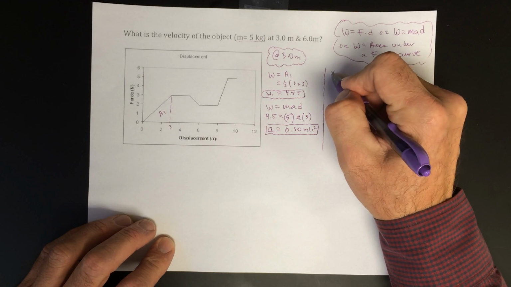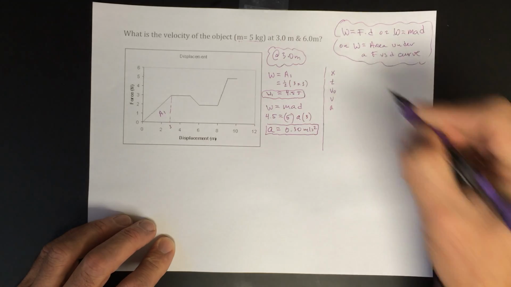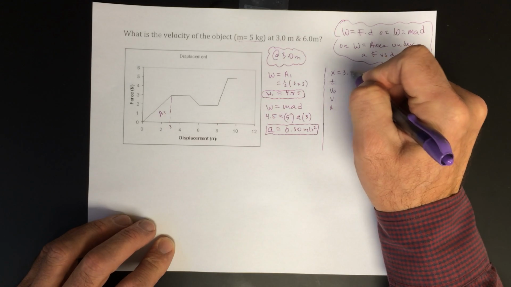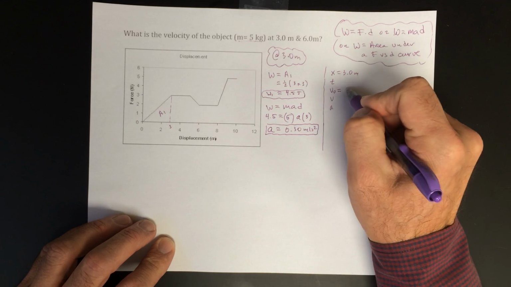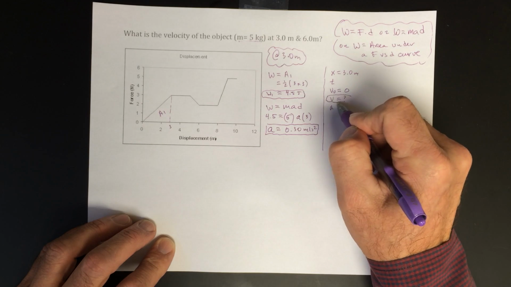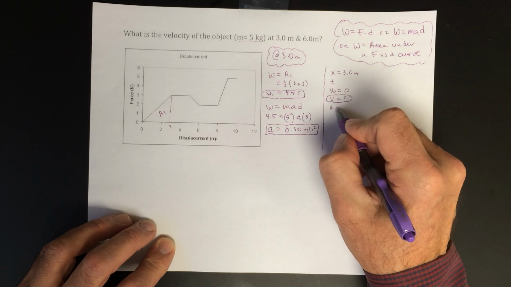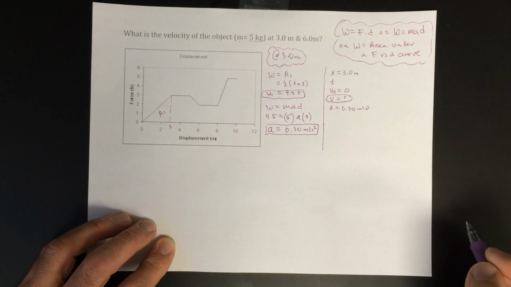Let's list the kinematic variables: x, t, v naught, v, and a. X is given as 3.0 meters. I don't know the time. We are starting from rest. I want to find out the final velocity. That's my question. And a is equal to 0.30 meters per second squared.